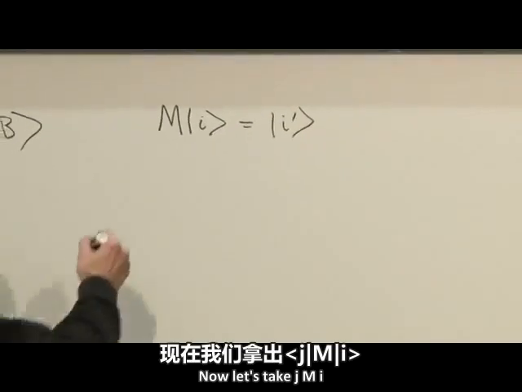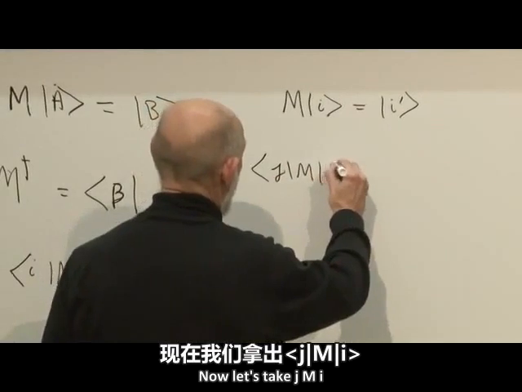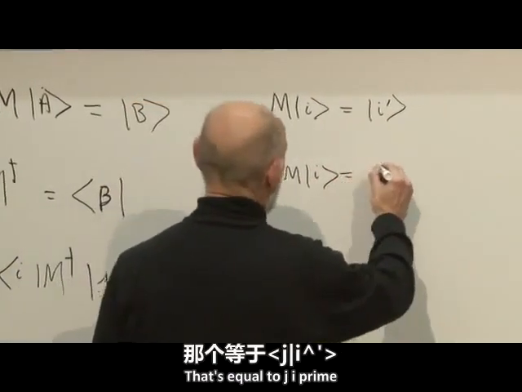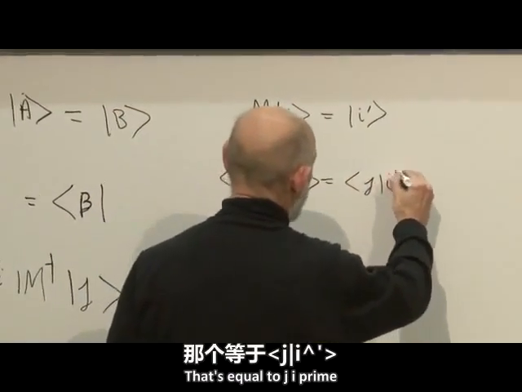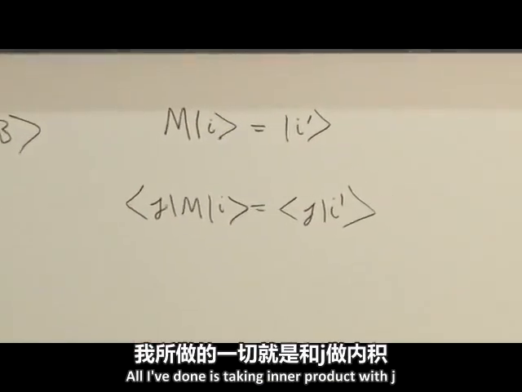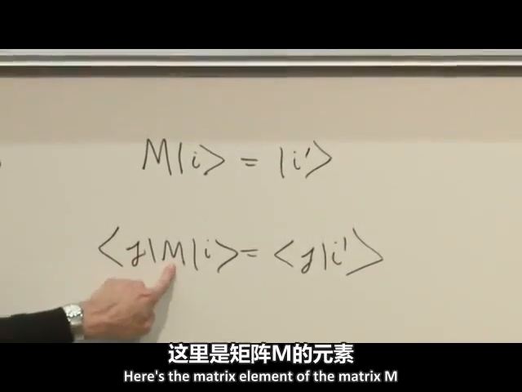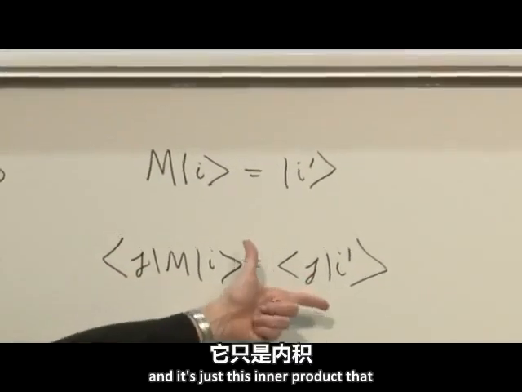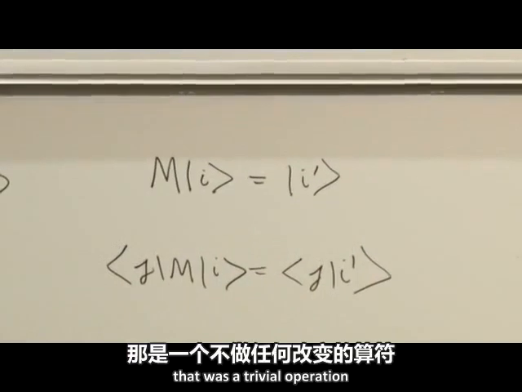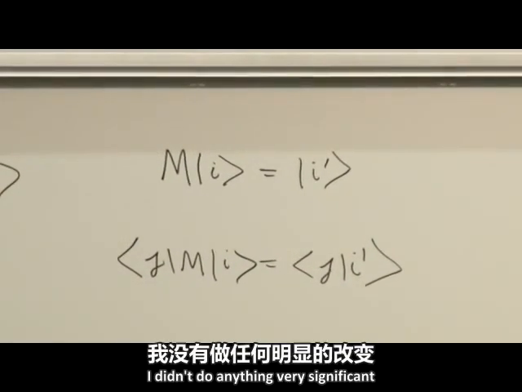Now let's take ⟨j|M|i⟩. That's equal to ⟨j|i'⟩. All I've done is take the inner product with ⟨j|. Here's the matrix element of the matrix M, and it's just this inner product. That was a trivial operation. I didn't do anything very significant.